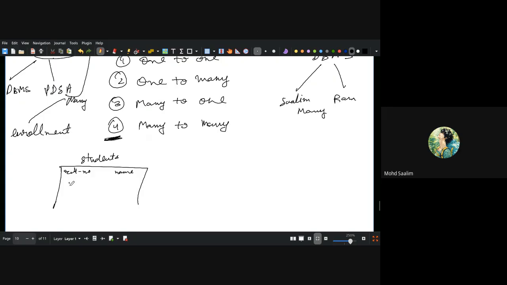And I have two students. Then there is one more table. In this table, I have course ID and course name. The first course is DBMS, and the second course is PDSA.